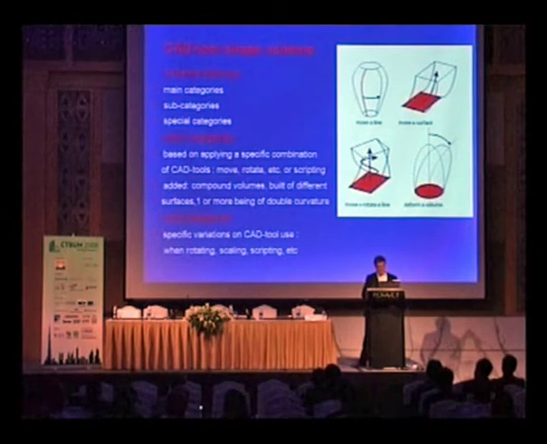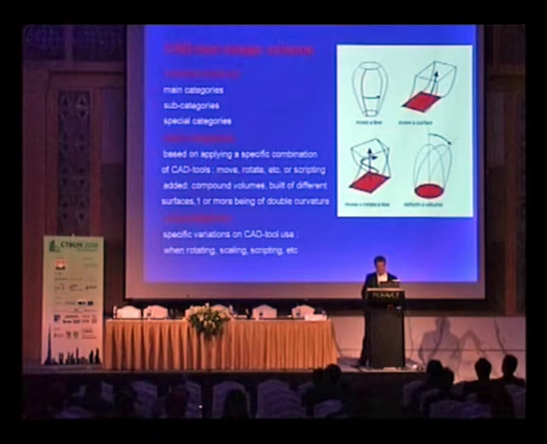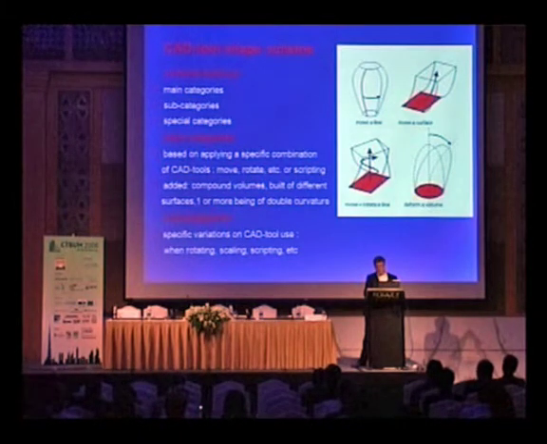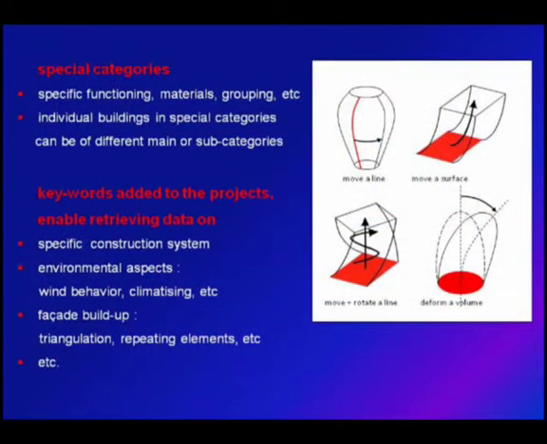And then subcategories, they elaborate on a specific kind of rotation along a helix, for example, or special script procedures. Apart from that, of course, many special categories can be discerned that emphasize a special facade finishing or material or the structural aspects. And with keywords also one goes across all the categories that I discerned.